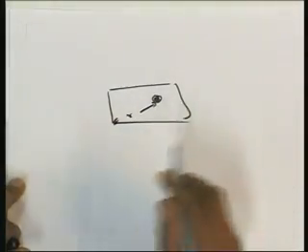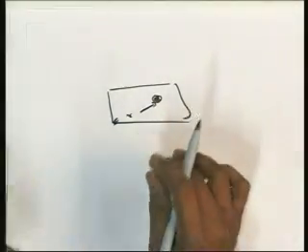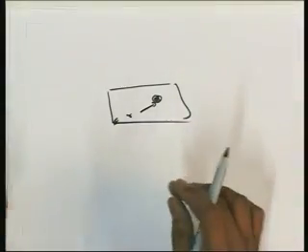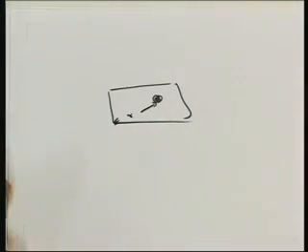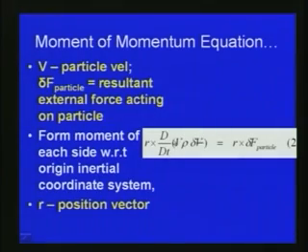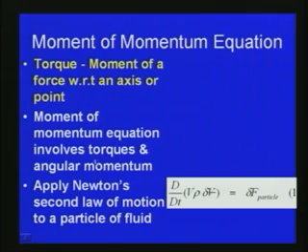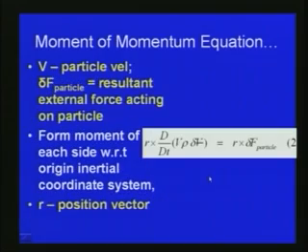We take the moment of momentum: first we have rho v into del v, which gives the momentum, and then we consider the rate of change of momentum. We equate r cross d/dt of (v rho del v) to r cross del f of the particle, where r is the position vector as shown in this figure.